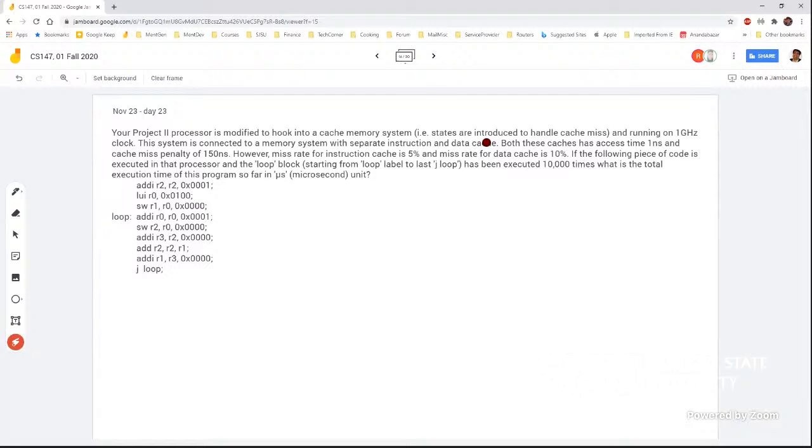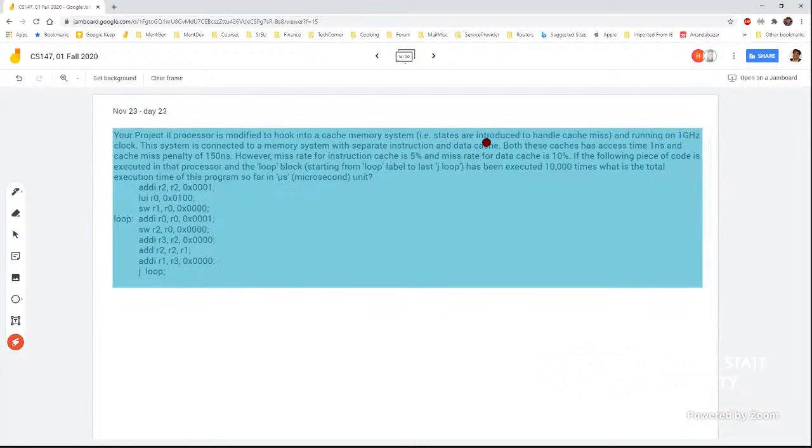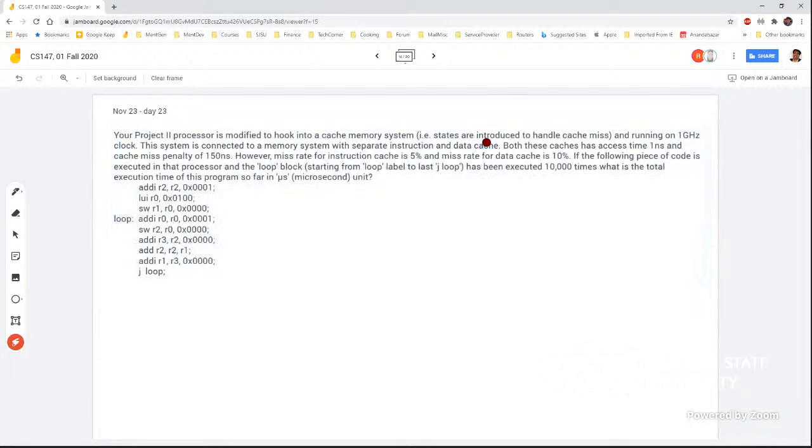Both caches have the same access time, 1 nanosecond, and a miss penalty of 150 nanoseconds. The miss rate for the instruction cache is 5%, and the miss rate for the data cache is 10%.